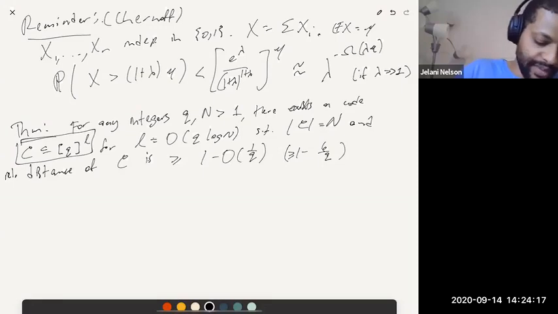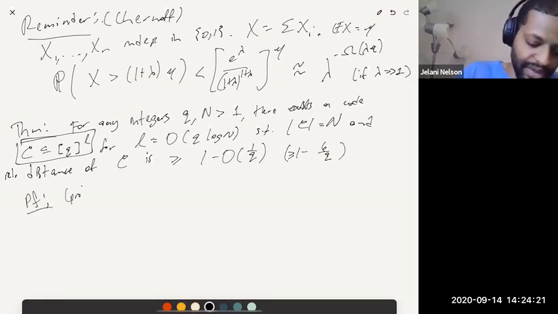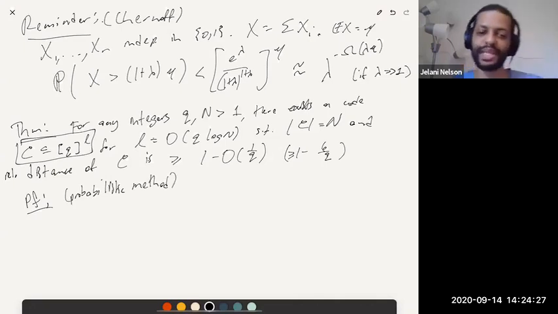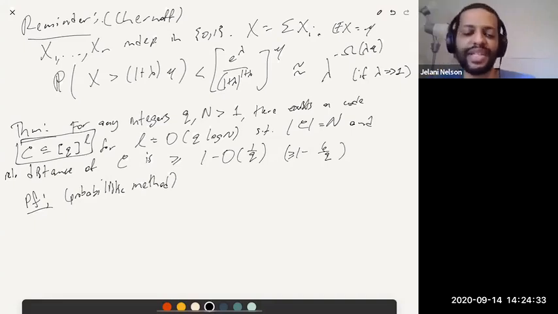Good, so let's prove this. It's going to be a proof via the probabilistic method. If you haven't seen such proofs, there's a book called The Probabilistic Method by Alon and Spencer that has a ton of examples with varying levels of sophistication. The basic idea is I'm trying to show that some object exists, a code with certain parameters.